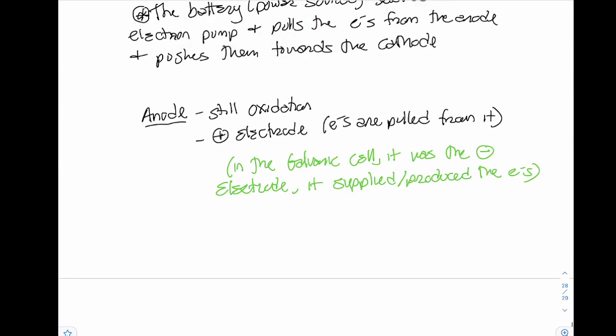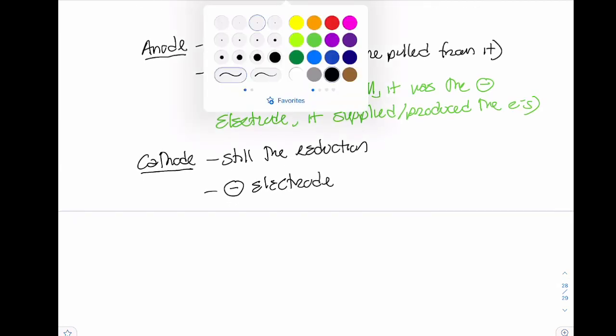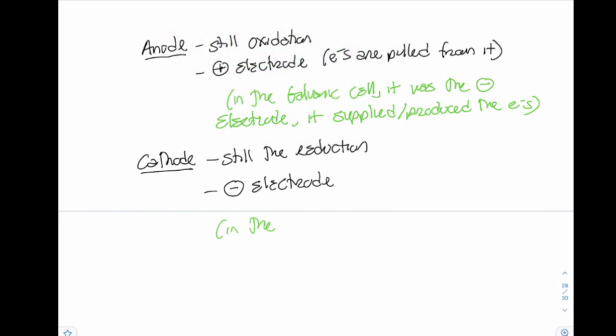Our cathode then, it's still the reduction, but it's going to be our negative electrode. Right? In our galvanic cell, it was the positive electrode, because it consumes the electrons.